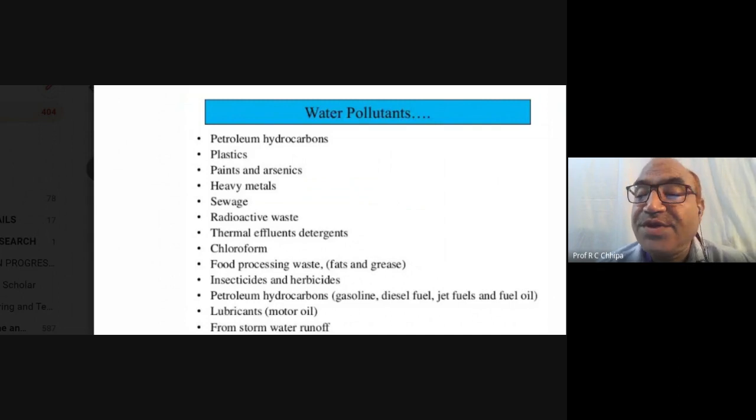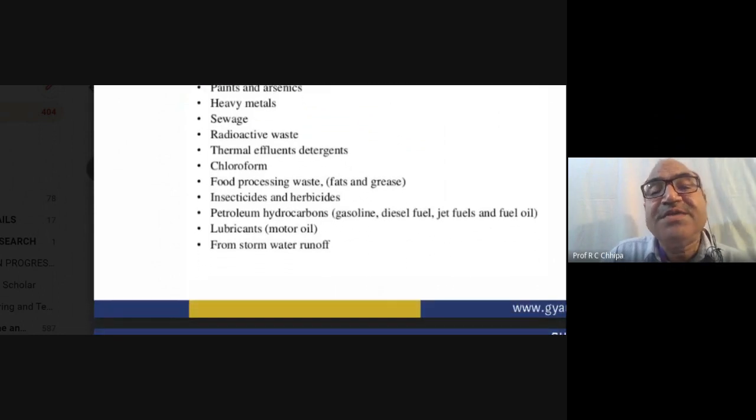Then radioactive waste, where we get it from nuclear activities, including the generation of electricity by the use of nuclear fuel. During the processing of the nuclear fuel to generate electricity, certain radioactive waste are also pollutants.